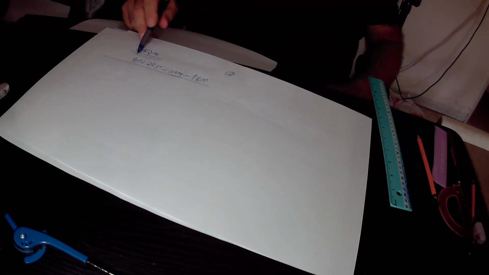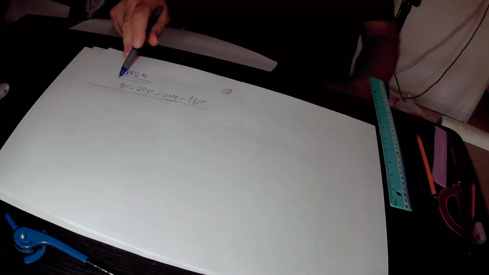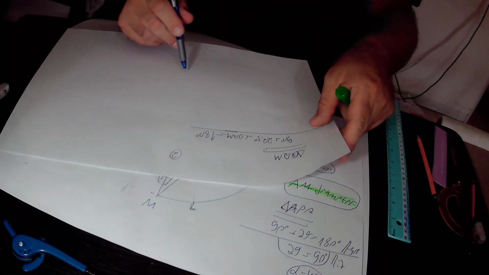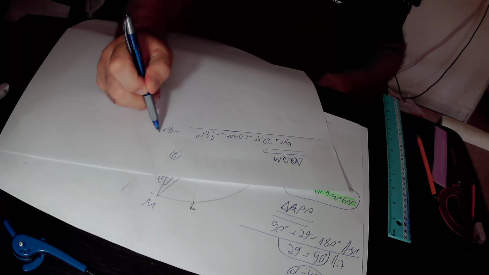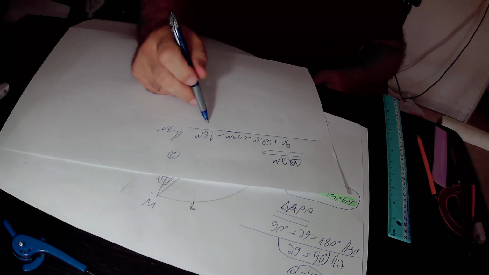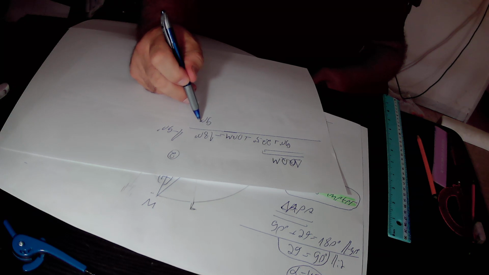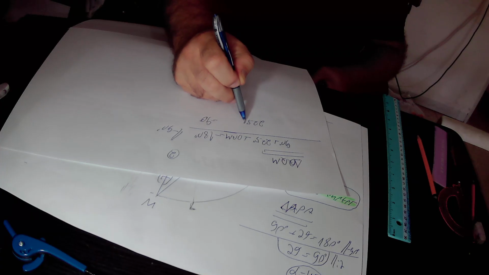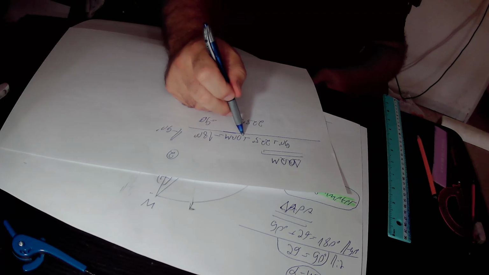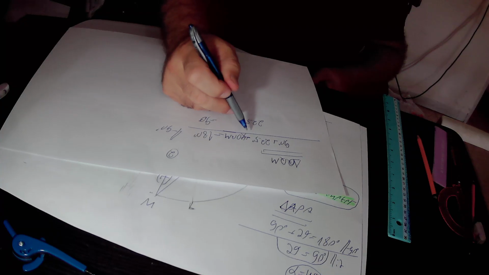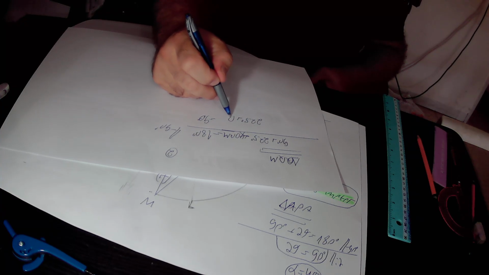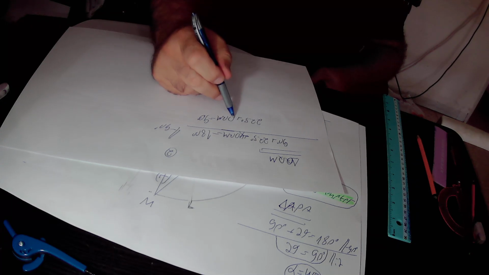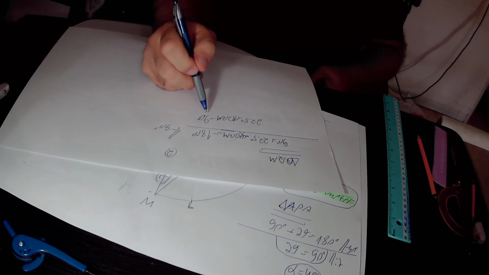Here we subtract 90 degrees from this equation, and we get that 180 degrees minus 90 degrees is 90 degrees, and it is equal to 22.5 degrees plus the size of the missing angle OQM. So 22.5 degrees plus the size of the missing angle OQM is equal to 90 degrees.